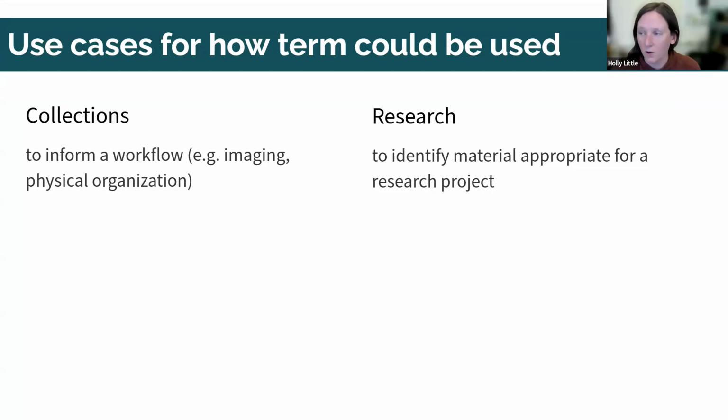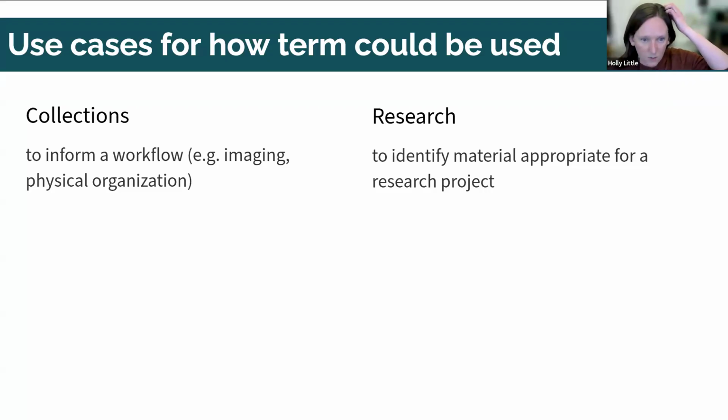So in order to think about what terms we might want to have in a vocabulary for this term, we've got a couple of use cases for how it could be used, both in our published data and within internal workflows if you are coming from a collection or other entities that might be implementing this within your own local database.